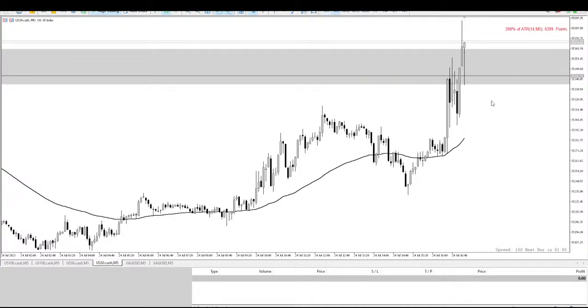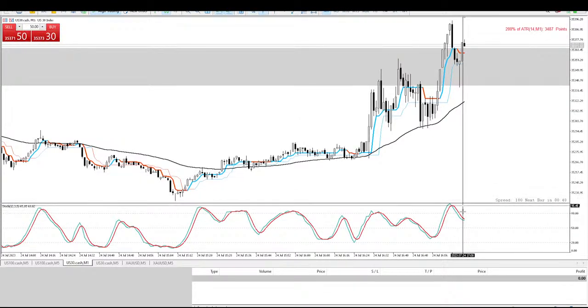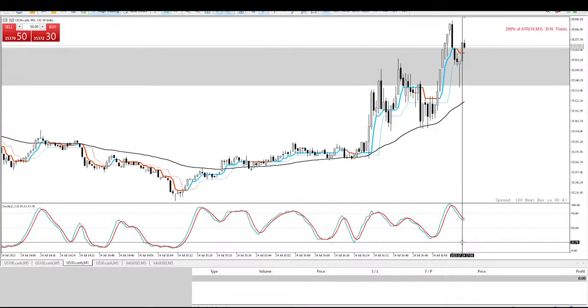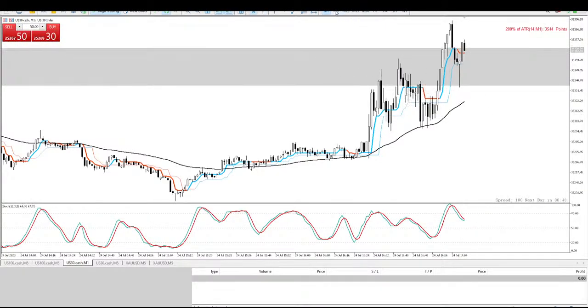Oh, maybe not. Maybe that was its retest. So that could have been the 1 minute pullback on the stochastic that I look at. So if we get a cross back up, it could be an entry for a scalp.